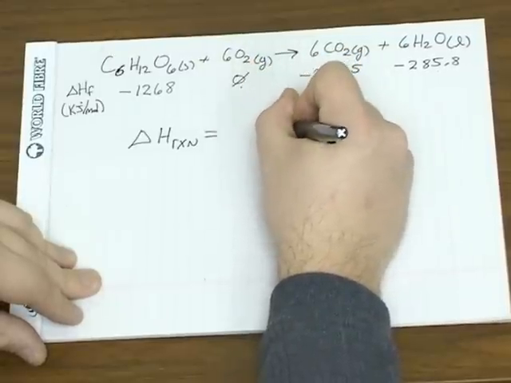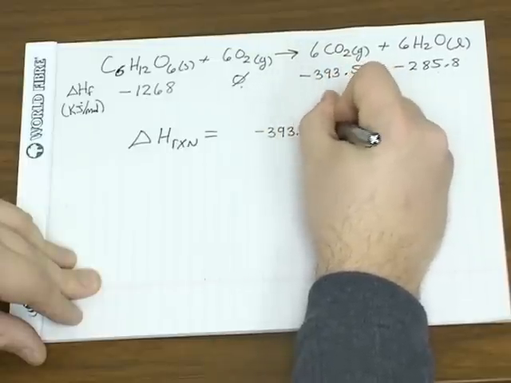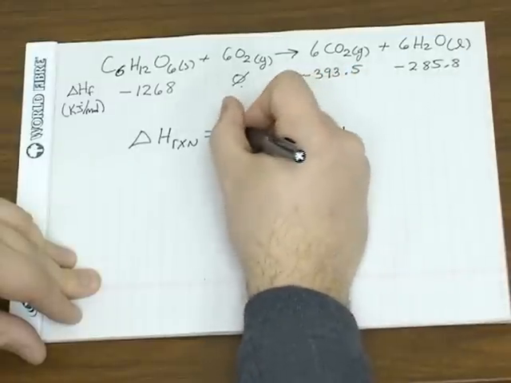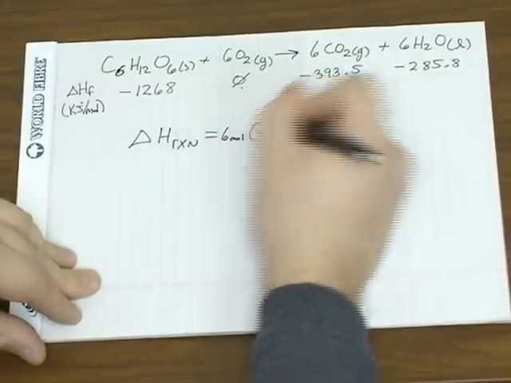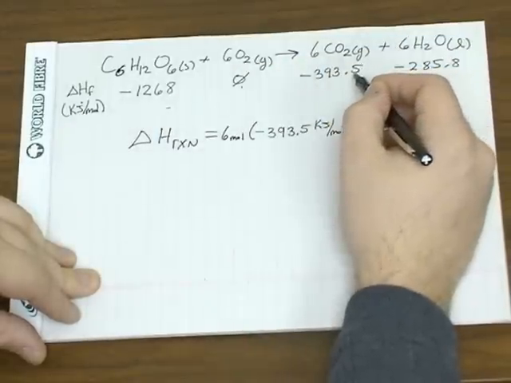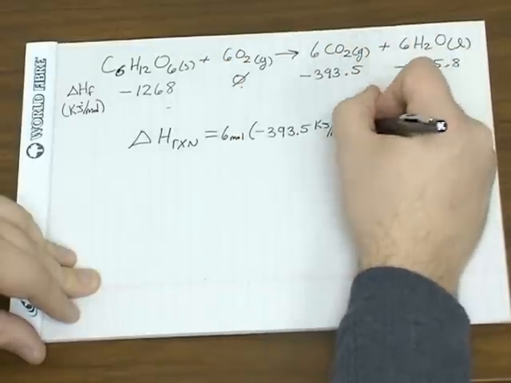For example, with CO2, it's negative 393.5 kilojoules per mole. But there are 6 moles shown in this equation. So essentially, whatever the enthalpy of formation is, you're going to multiply that by the coefficient shown in the equation.